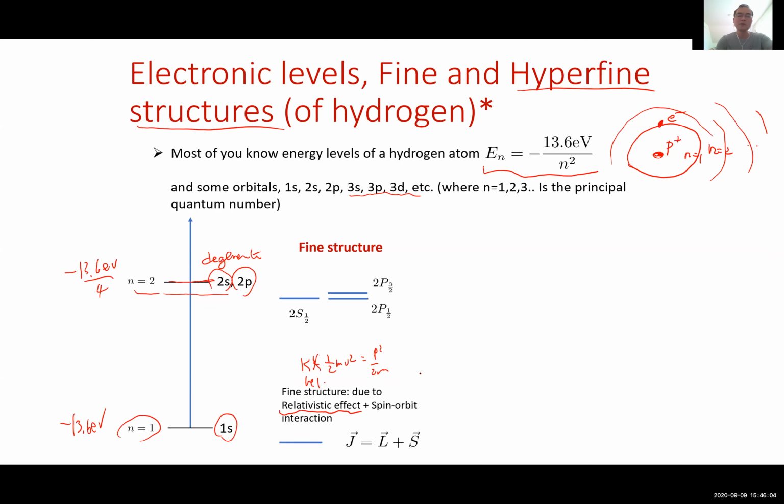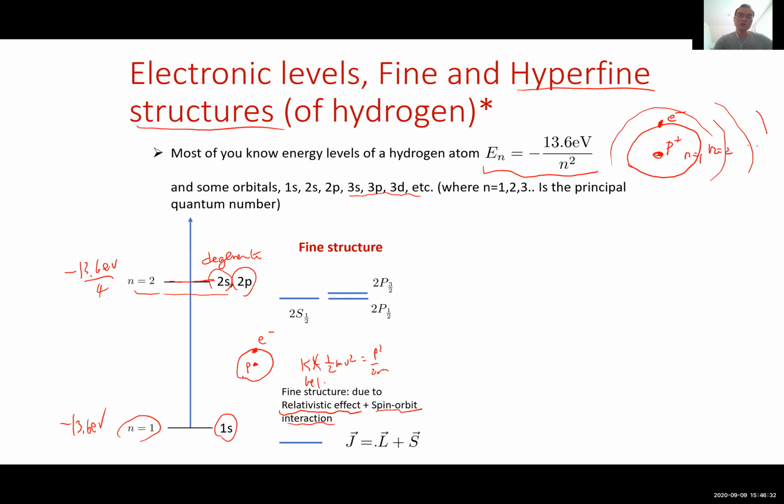And then if you have the electron orbiting, you can imagine that from the electron viewpoint, the proton is spinning. So the proton will create some orbital spin moment that would interact with the electron spin. This is called spin-orbit interaction.